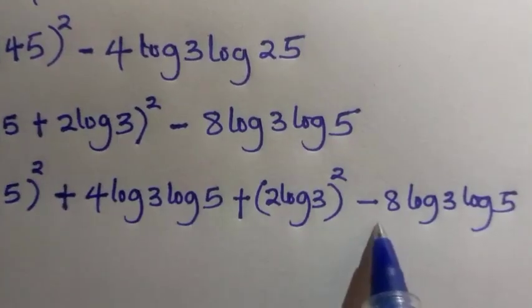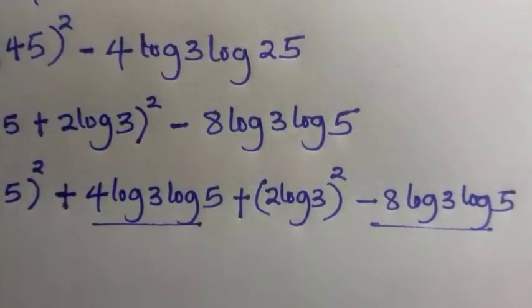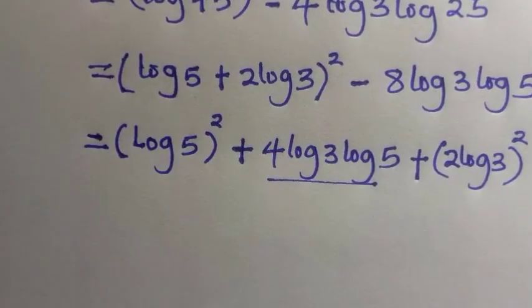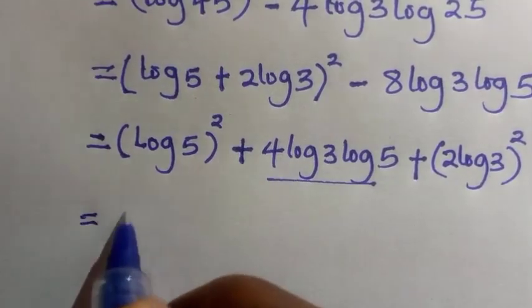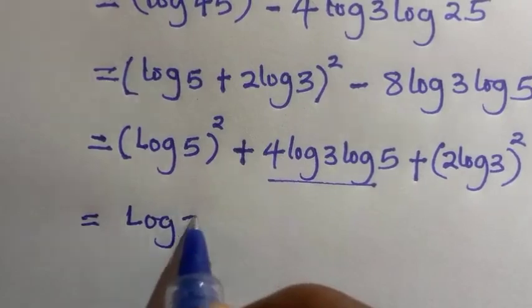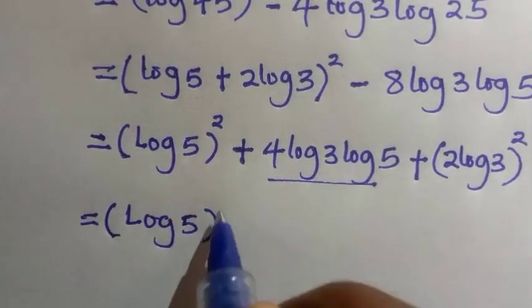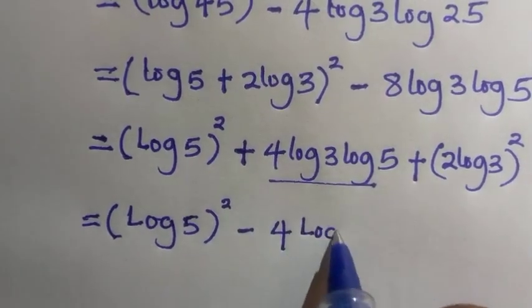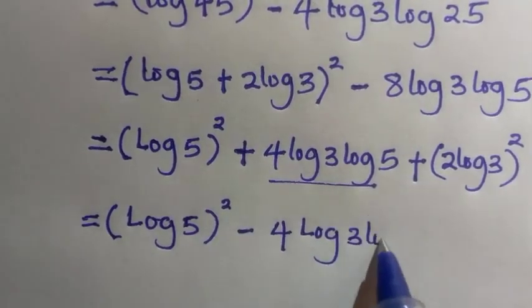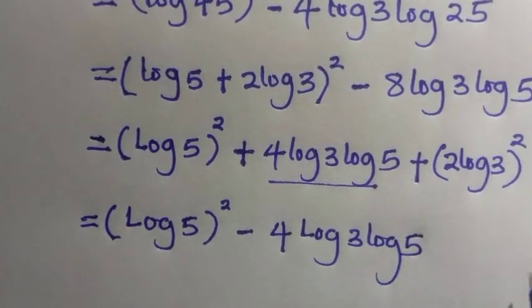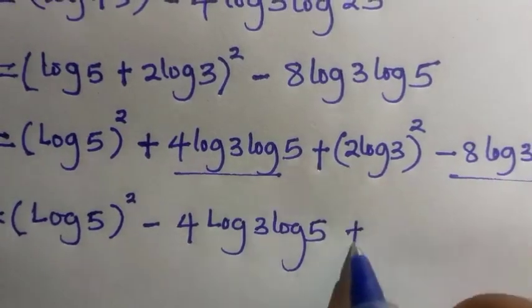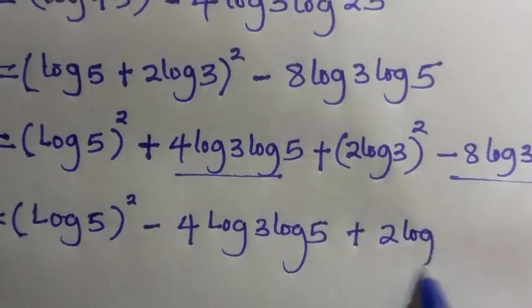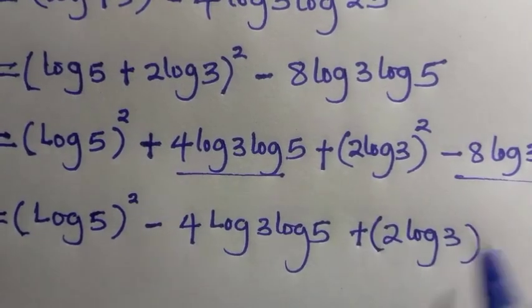So minus 8 log 3 log 5 plus 4 log 3 log 5 becomes minus 4 log 3 log 5, and here we have log 5 to the power of 2 minus 4 log 3 log 5, plus 2 log 3 all squared.